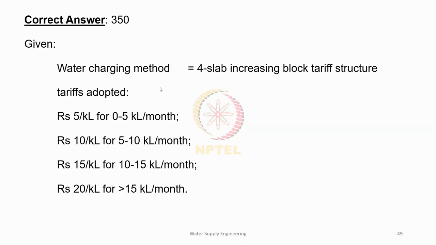So we have four slabs and the tariff adopted for each slab is given, like for 0 to 5 kiloliters per month consumption it is rupees 5, then rupees 10 for 5 to 10 kiloliters per month, 15 per kiloliter for 10 to 15 kiloliters per month consumption, and for a consumption greater than 15 kiloliters per month the amount is 20 per kiloliter.